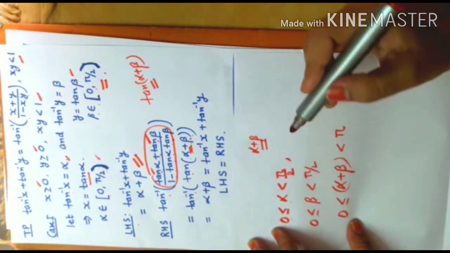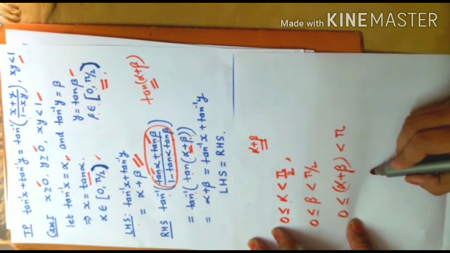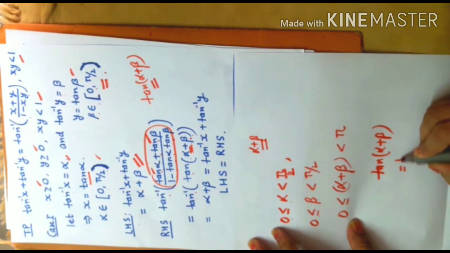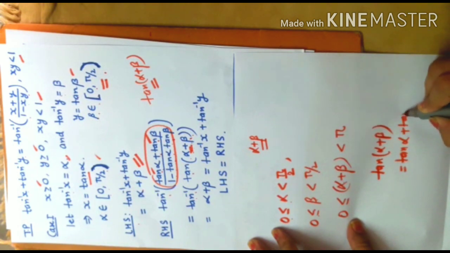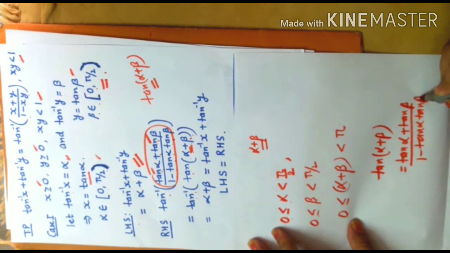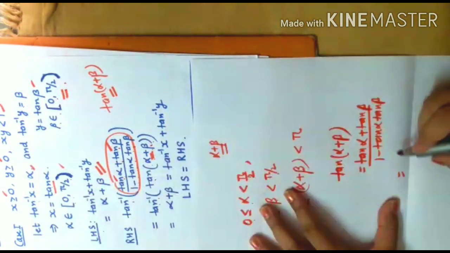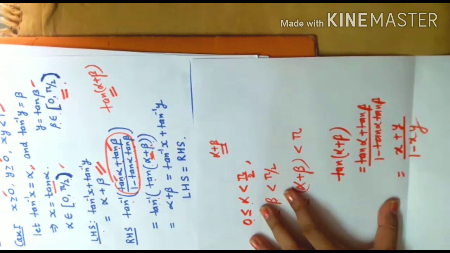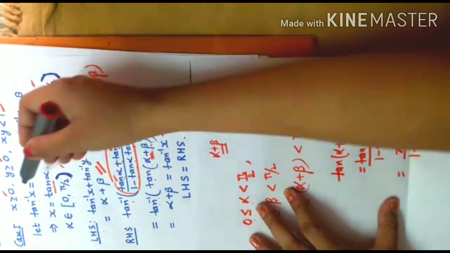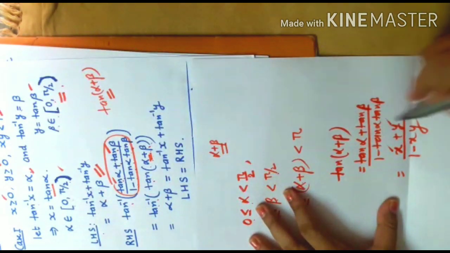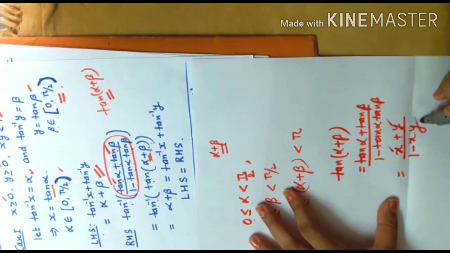Right? Now look here. Our tan of (alpha plus beta) is equal to (tan alpha plus tan beta) over (1 minus tan alpha tan beta). So here tan alpha is your x, this is y, so (x plus y) over (1 minus xy). Now look here, x is greater than or equal to 0, y is greater than or equal to 0 and xy is less than 1.